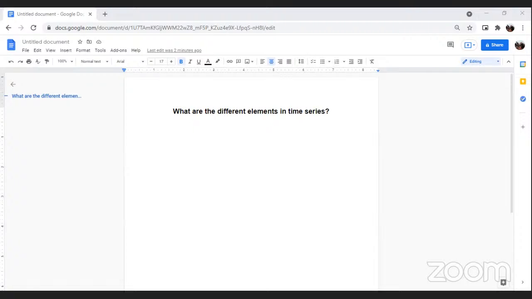Trend shows the general tendency of the data, whether it increases or decreases during a long period of time. Seasonal variation is a variation that will be present in the time series if the data are recorded on an hourly, daily, weekly, quarterly, or monthly basis.